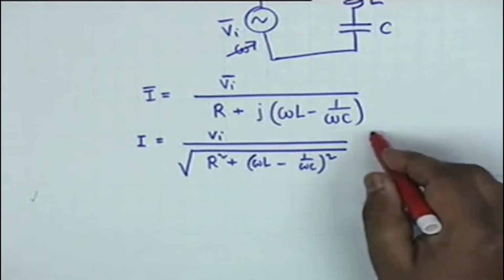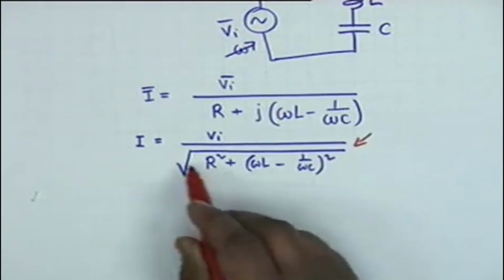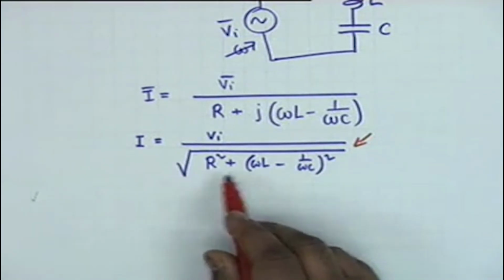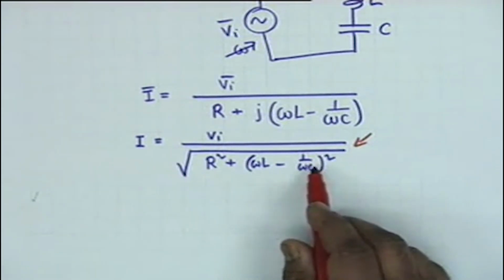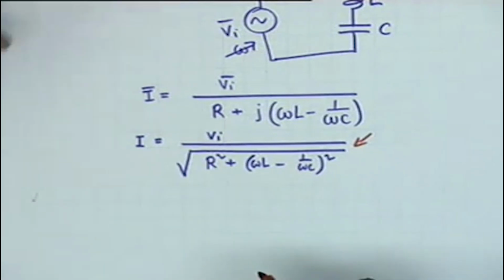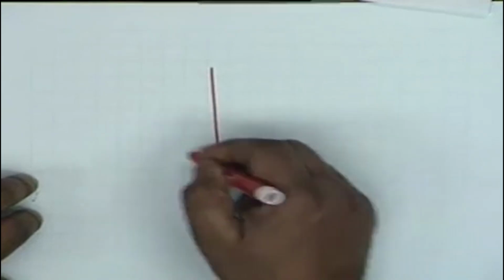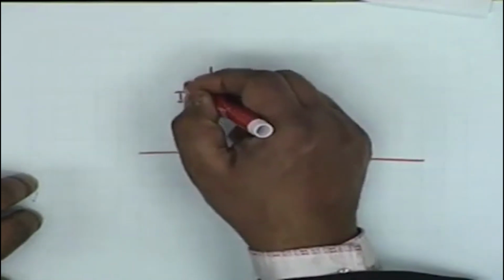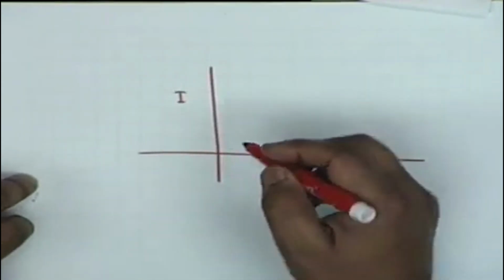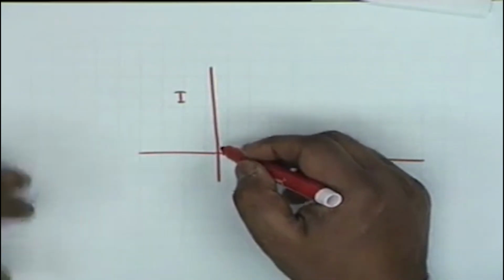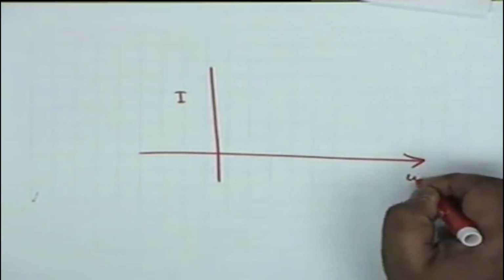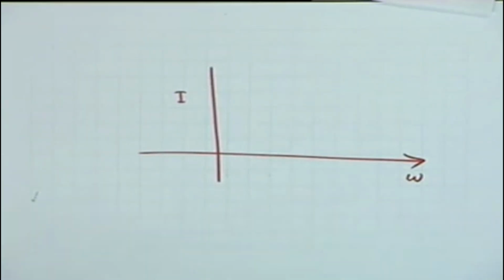Not only that, if you look at the magnitude, you see that the current will be a maximum when omega L is equal to 1 by omega C. Therefore if you vary the frequency of the circuit and measure the current phasor, for omega equal to 0, what will be the current in this circuit? 0.